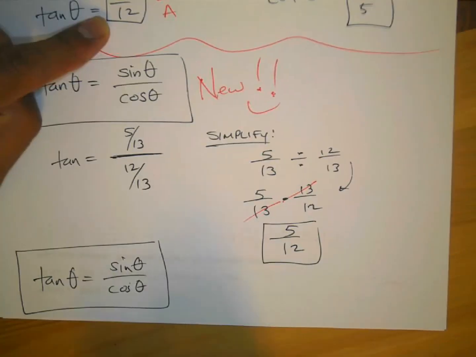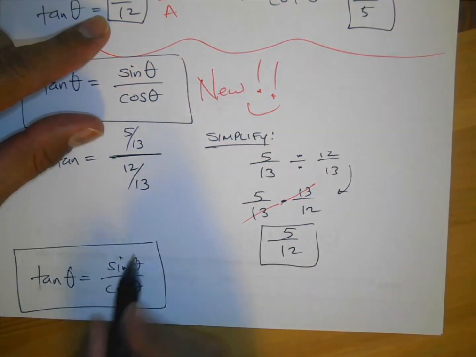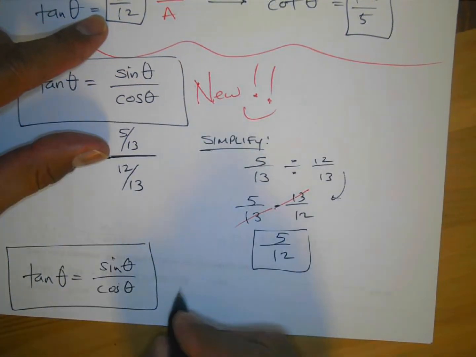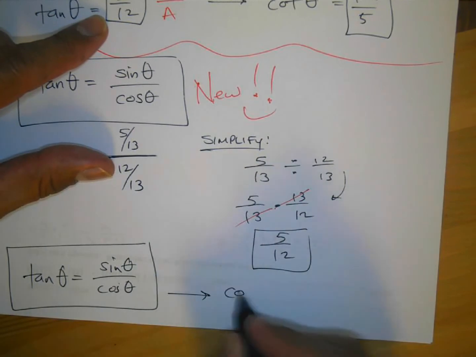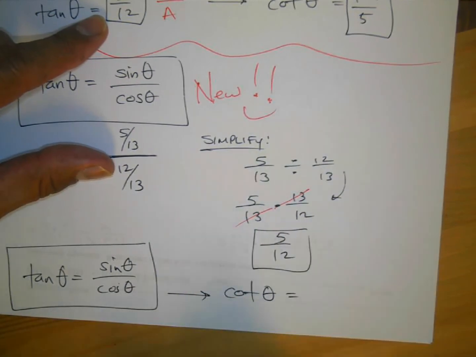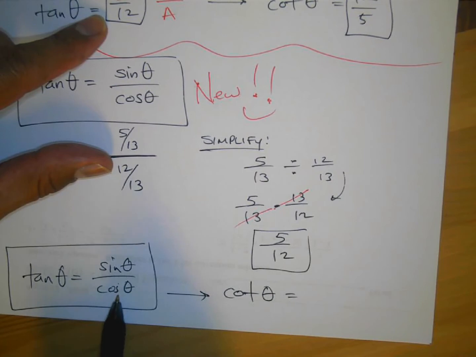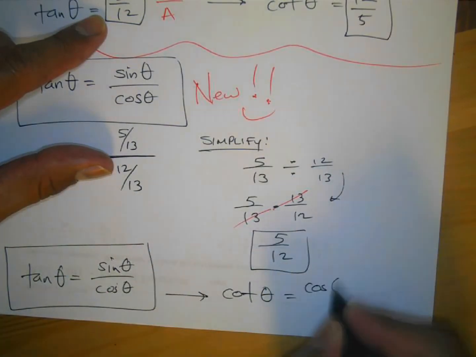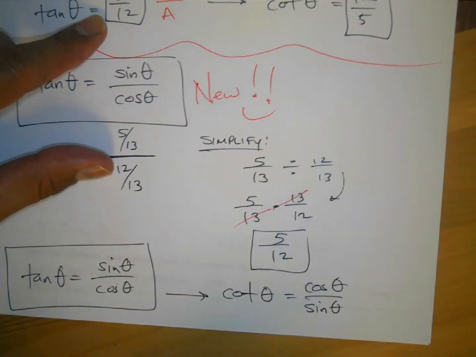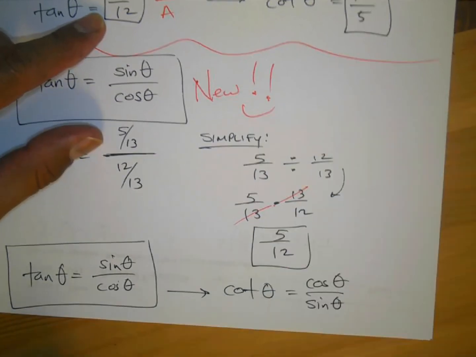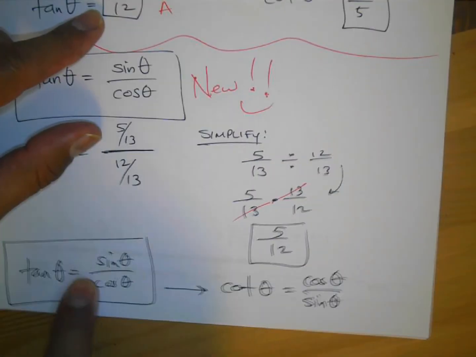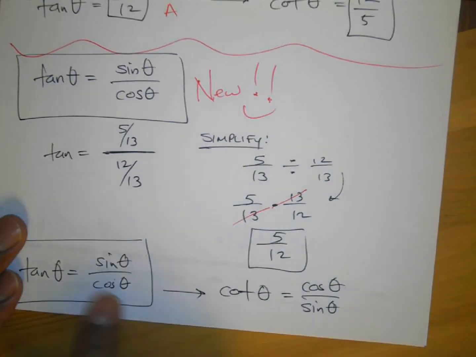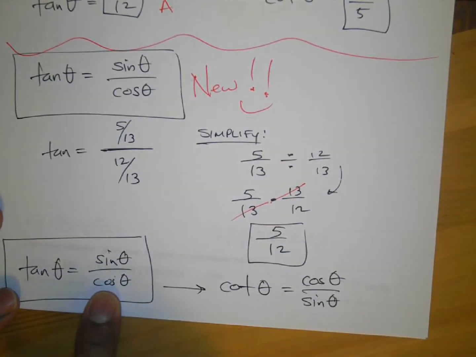Just the reciprocal, right? So if I'm accepting that tangent is sine over cosine, then it's also going to be true that cotangent is not going to be sine over cosine. They're not equal to each other. Cotangent would be what? The reciprocal. Cosine over sine. So if you know this one, you know this one, right? This is now our new formula for cotangent. Okay, so remember that.